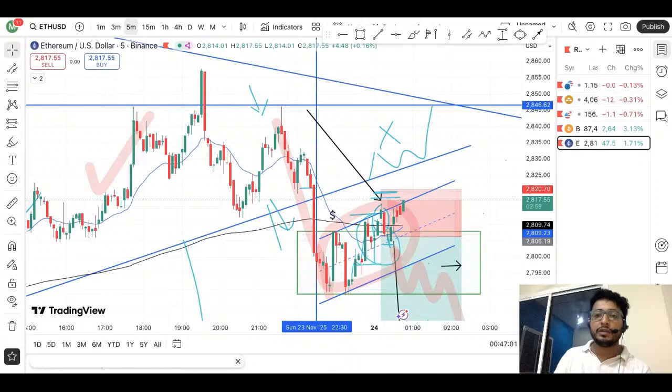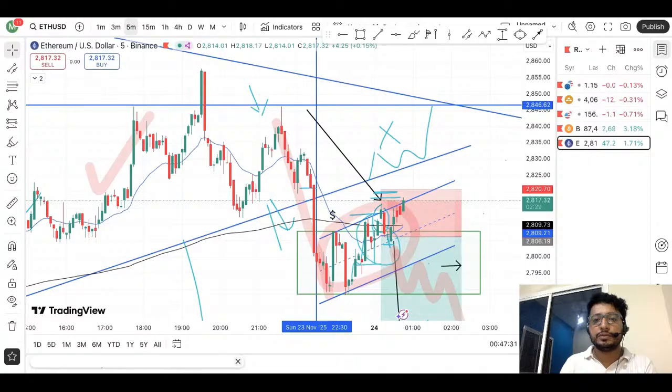Just 7 points to hit our stop loss. Anyway, we are okay to accept the stop loss. If price hits the stop loss, we're okay with that. That kind of mindset is very important if you are looking to get some profit out of trading. Our stop loss is probably going to hit.